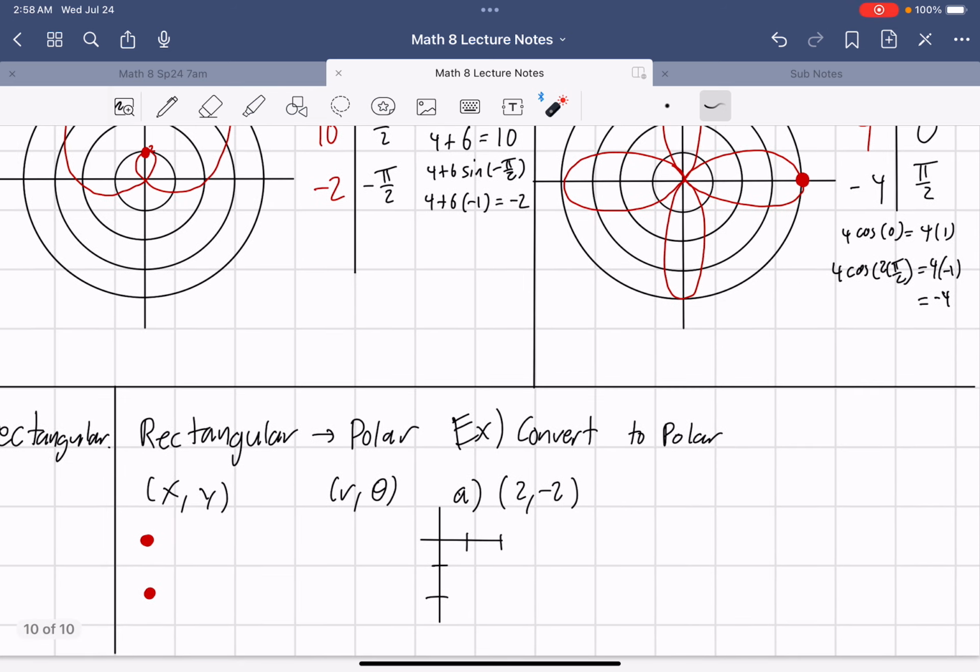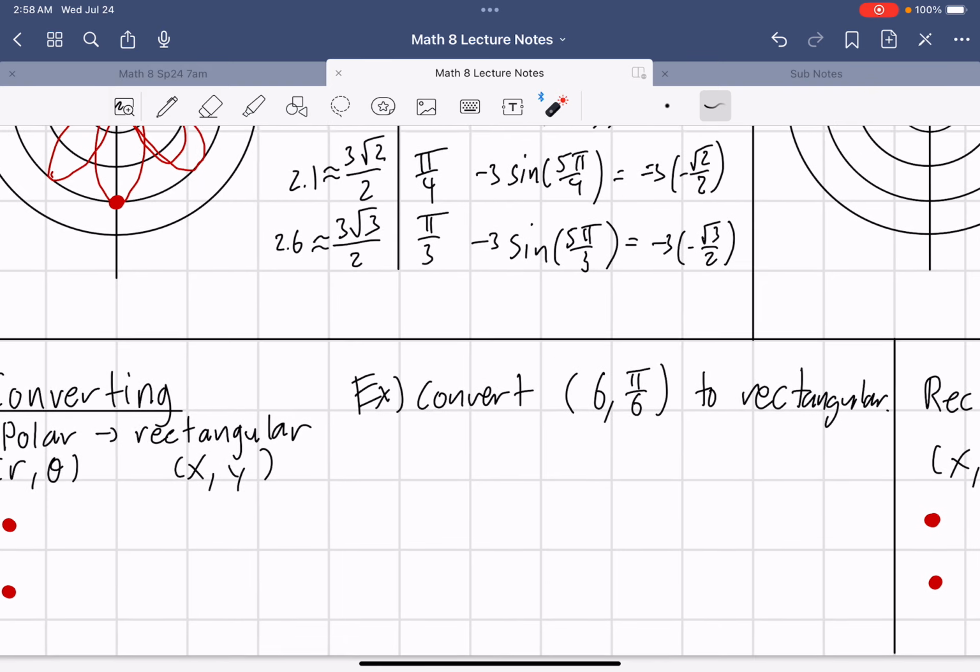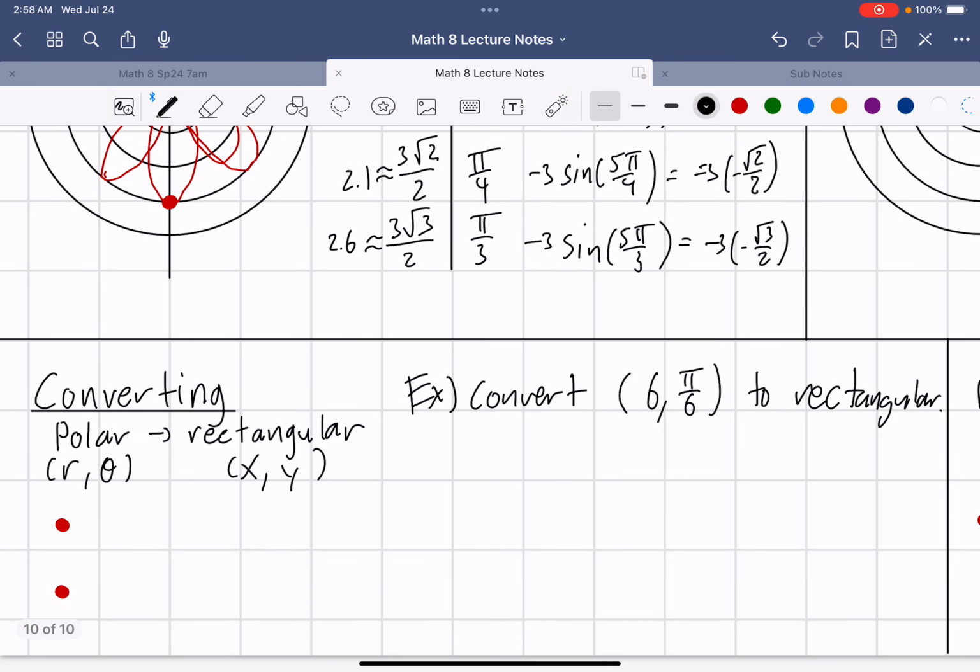And one last thing I want to talk about is how we can go back and forth from polar to rectangular using some of the equations we've worked with. So to go from polar to rectangular, all we need to remember is that sine theta is equal to, once again, opposite over hypotenuse. Now again, we always had 1 in the denominator, or the hypotenuse, because we were talking about the unit circle with radius 1.